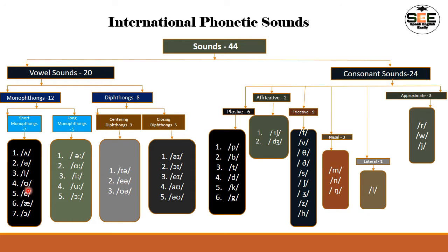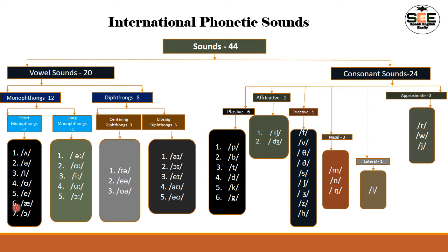Number three, it is e, short e, right? Short e sound. Number four, it is u sound, short u, okay. Number five, it is a sound, short a, right?